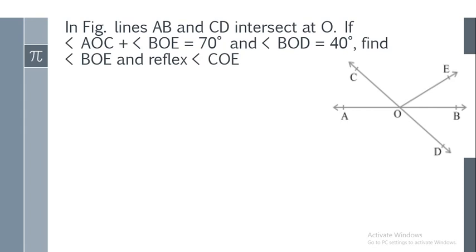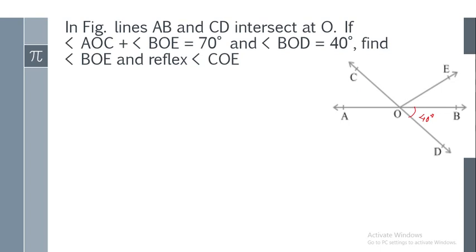Okay, so we are given that two lines AB and CD are intersecting at a point O, and we are also given some information: angle AOC plus angle BOE is equal to 70 degrees and angle BOD is 40 degrees, that is this angle is 40 degrees.